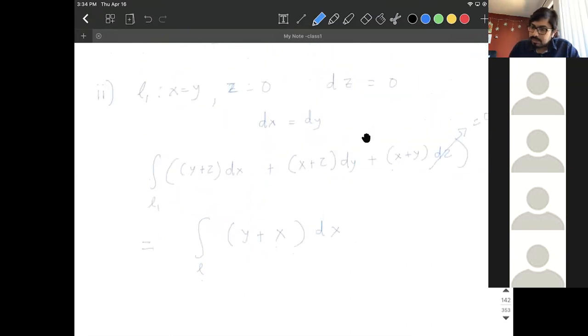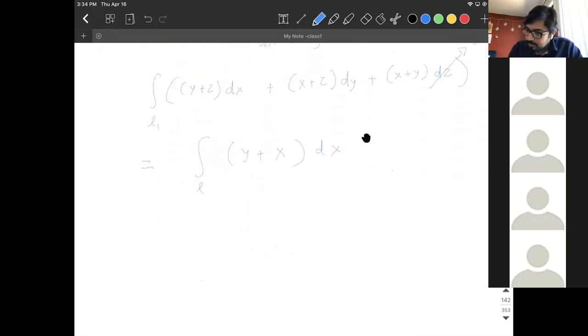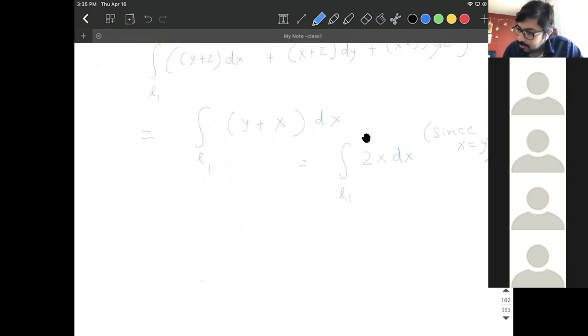And once more, since x and y are same, this is same as the integral on L1 of 2x dx.